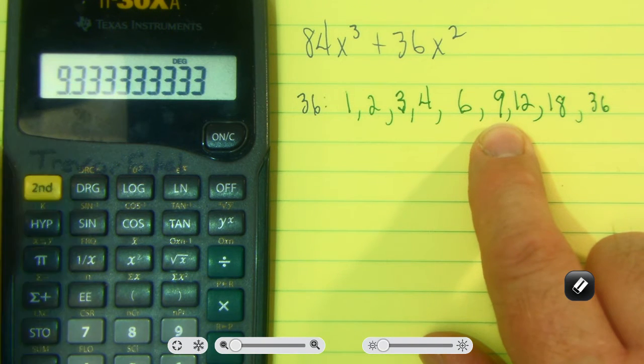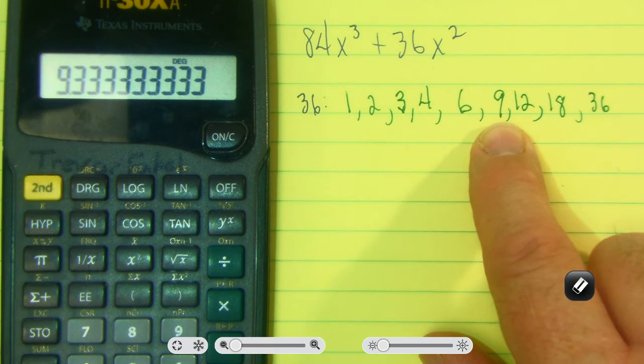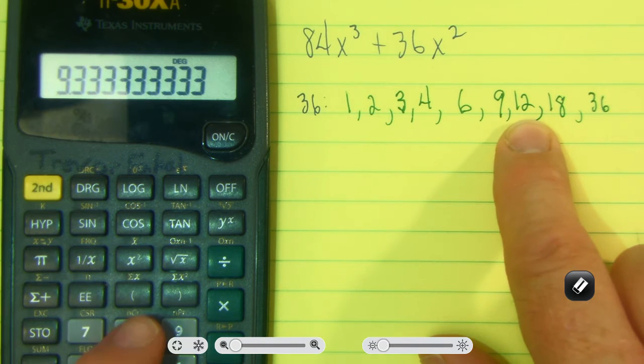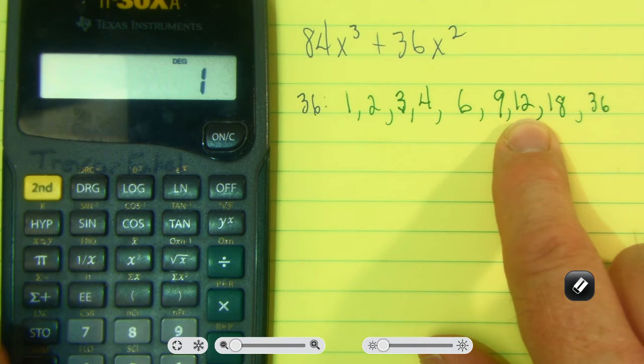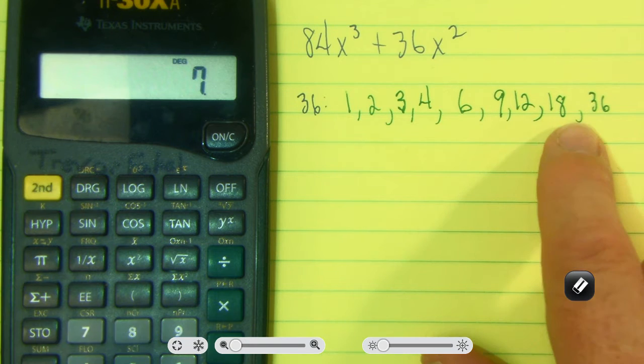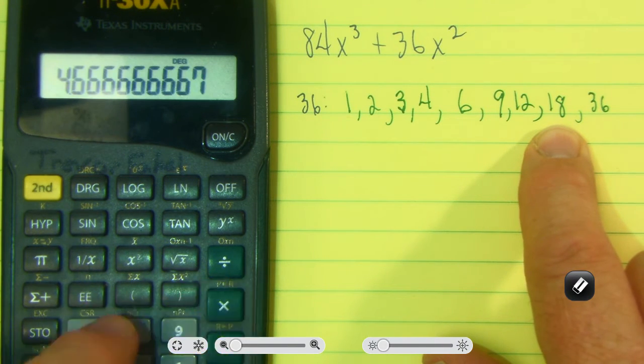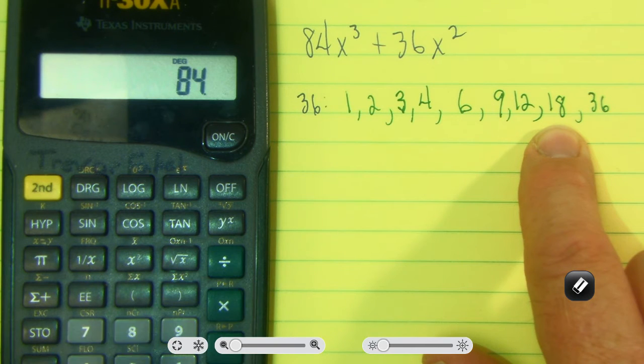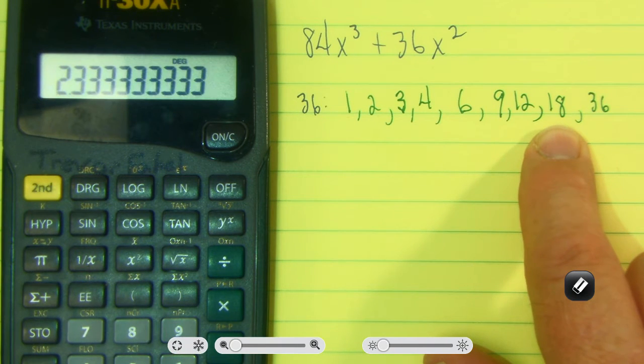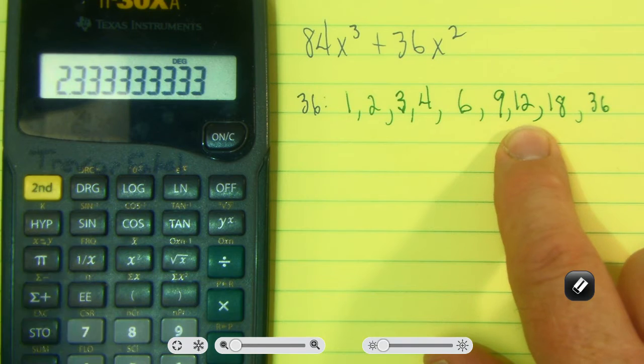84 divided by 9. Oh, now that doesn't divide evenly, does it? Keep moving. 84 divided by 12 is 7, okay? 84 divided by 18. Nope. 84 divided by 36. Nope. So the winner is 12.